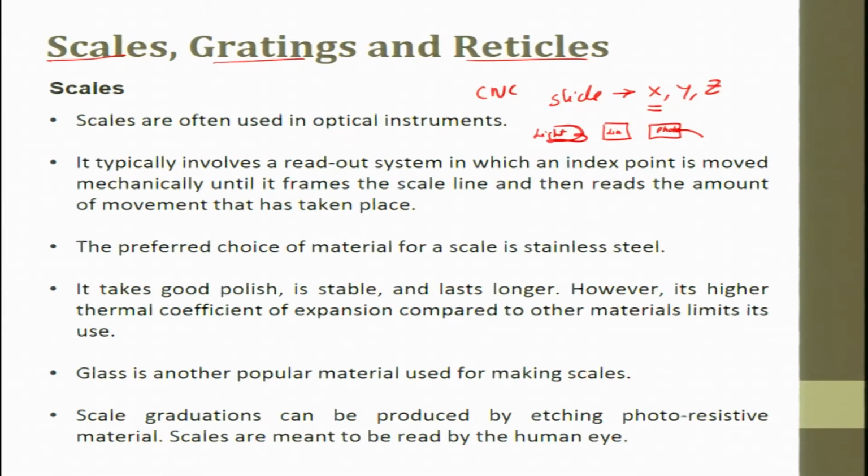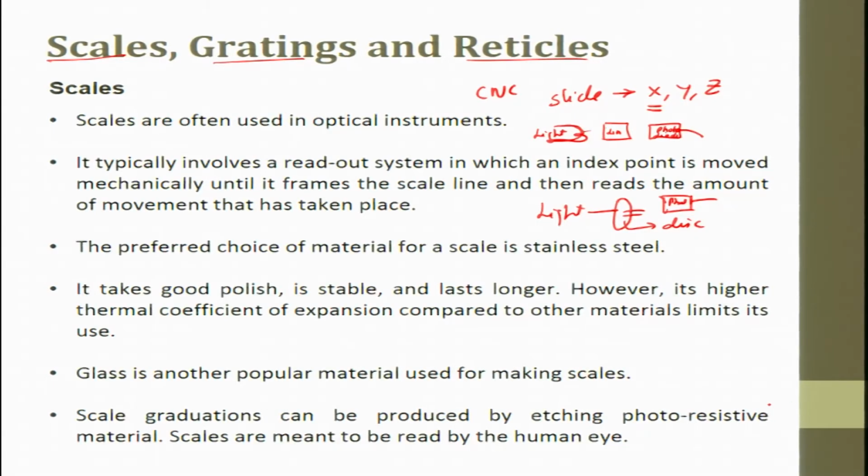If the slide keeps moving, the light falls on the scale where there are graduations, and based upon the graduations a counting is done by the photodiode, and we measure the displacement. If you want to change the linear to a rotary, that is also possible. You have a light, you have a rotary disc, and then you have a photodiode.